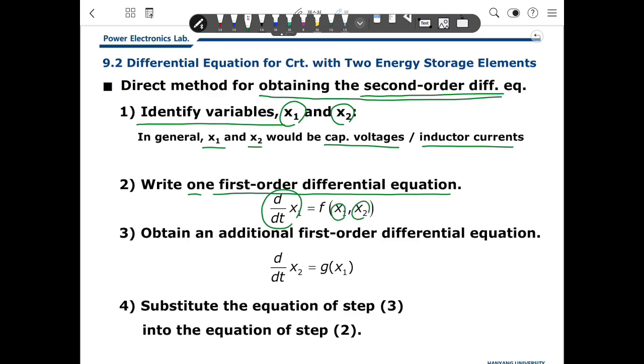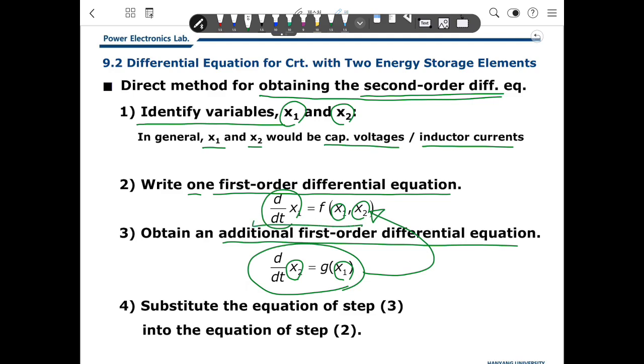Then obtain the additional first order differential equation, in which x2 can be a function of x1. Substitute this equation into the first one, and because of first order, it goes in here. So the final equation will be a second order differential equation. I will give an example.